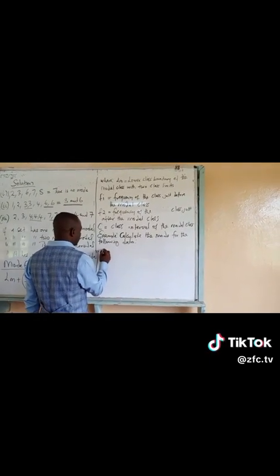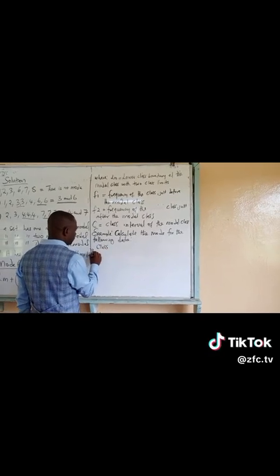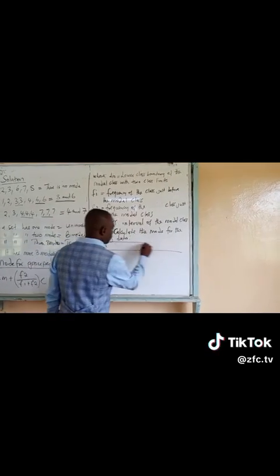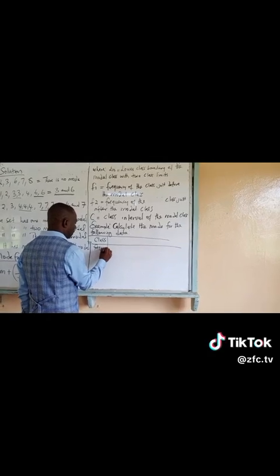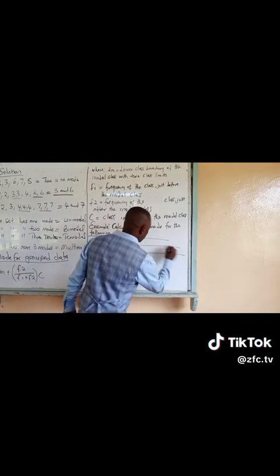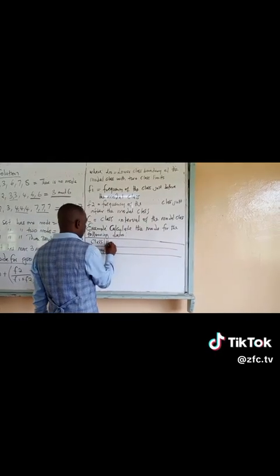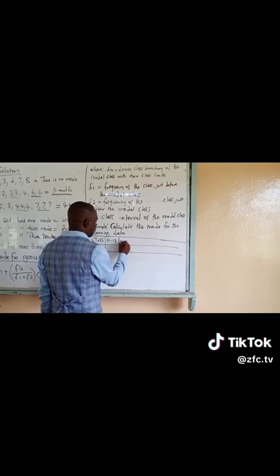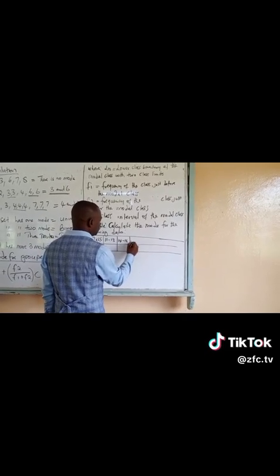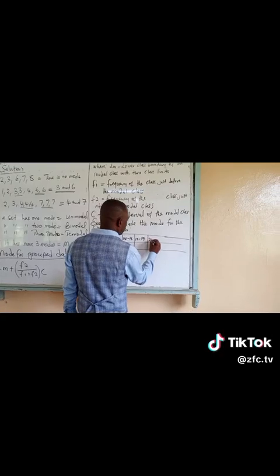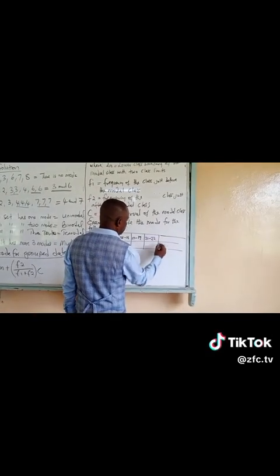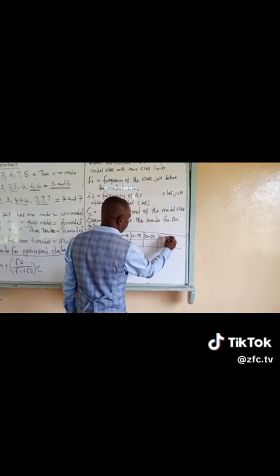The data has the class and then the frequency. 11 to 13 is the first class, 14 to 16 the second class, 17 to 19 the third class, 20 to 22 the next class, then 23 to 25.